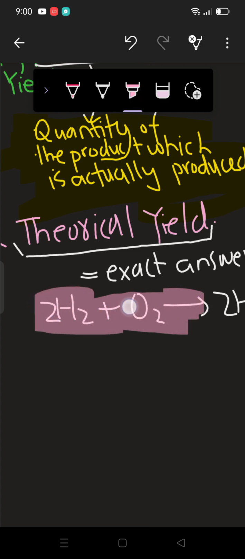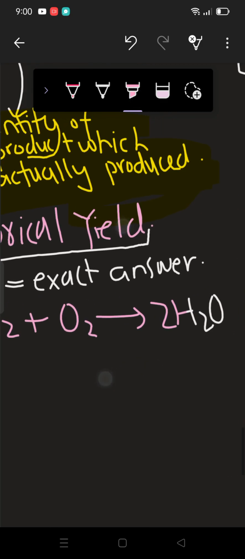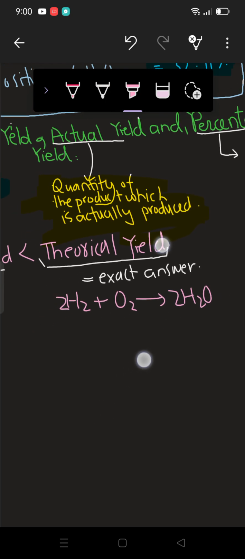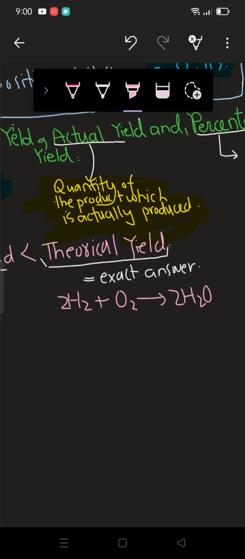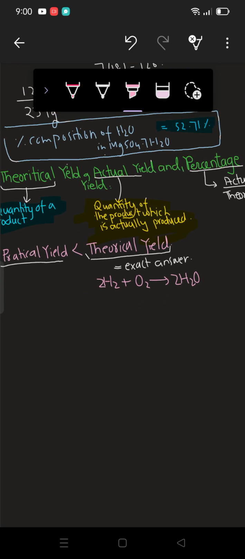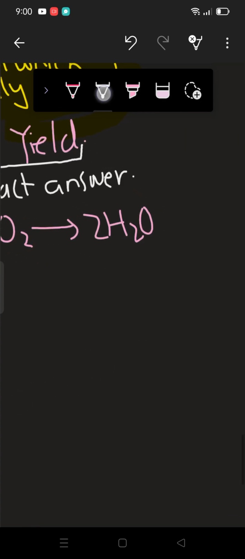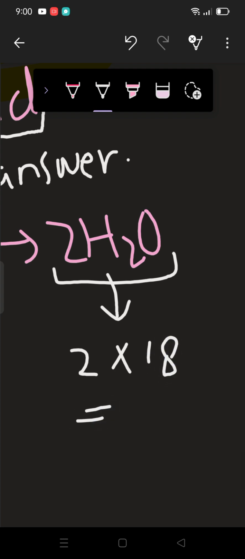When two molecules of hydrogen gas react with the oxygen gas, we get 2 moles or 2 molecules of water, right? So this is the theoretical yield which we have calculated, right? Now find the mass of it. Mass of water is 18. 2 into 18 gives us what? 2 eights are 16, 6, 1, 2 ones are 2 and 3, 36, right?